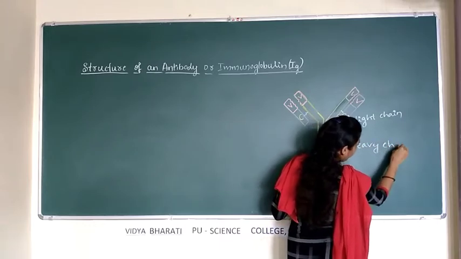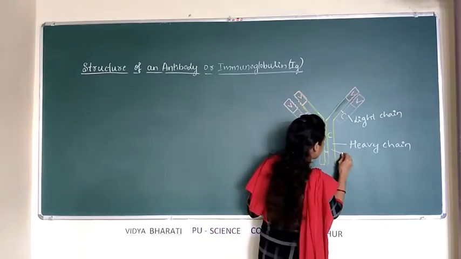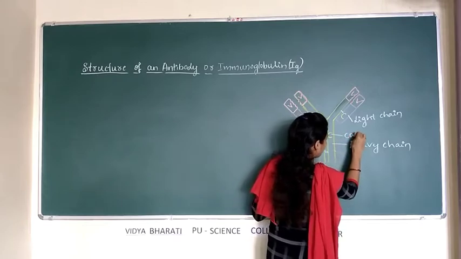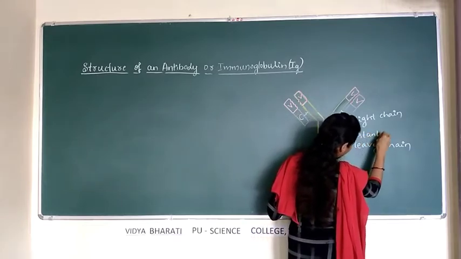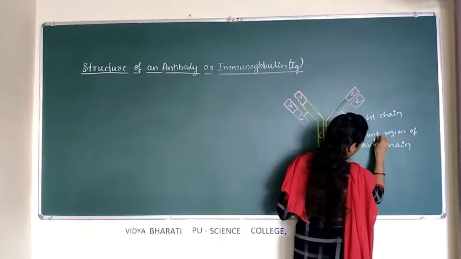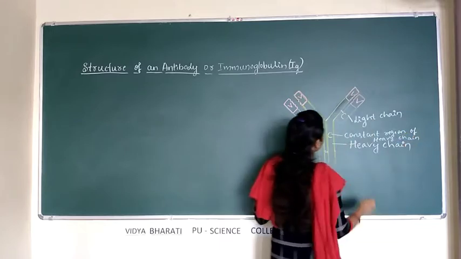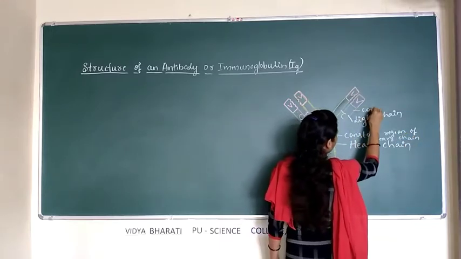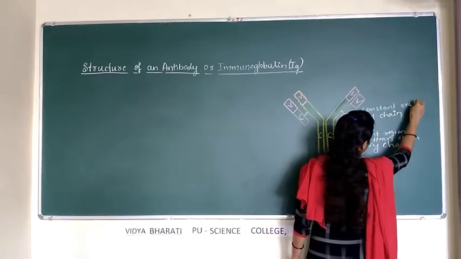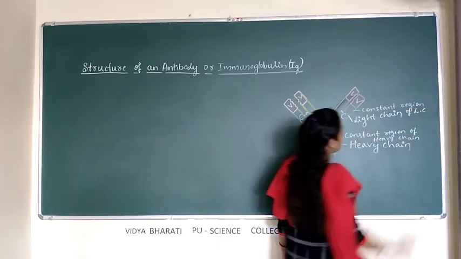They are called heavy chains. This is the constant region of the heavy chain, and this is the constant region of the light chain.